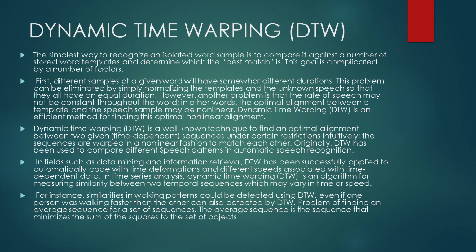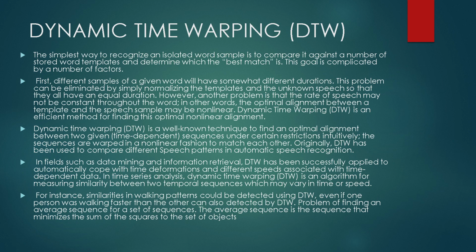The goal is complicated by a number of factors. So in this also we have a certain number of constraints. First, different samples of a word will have somewhat different durations. So I may speak very aggressively or very fast, and some other people may speak very slowly, so the duration of uttering a sentence may differ.